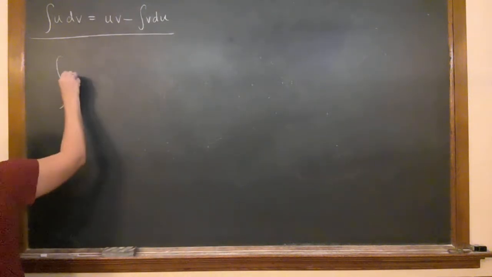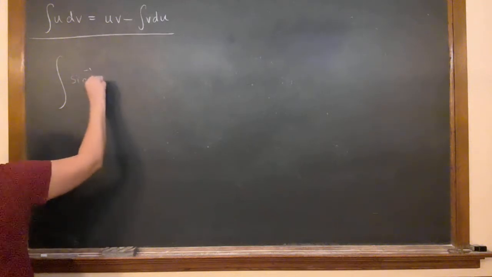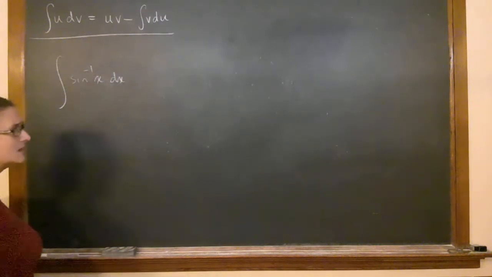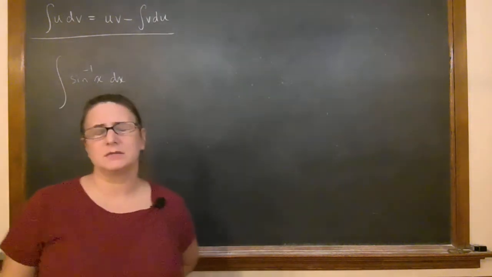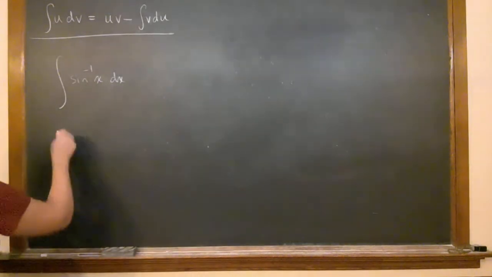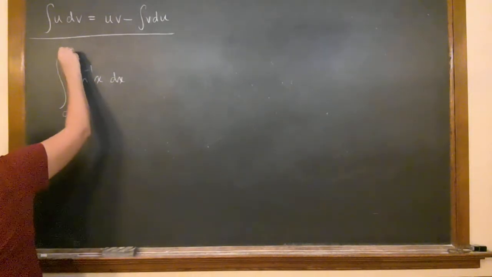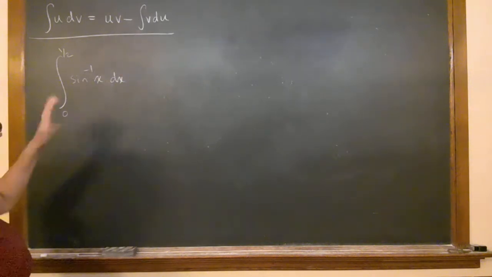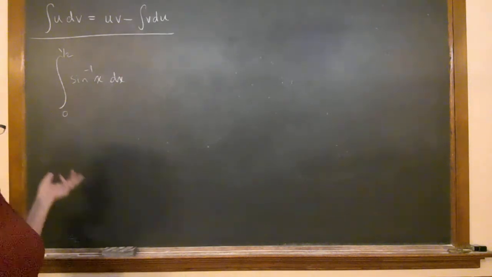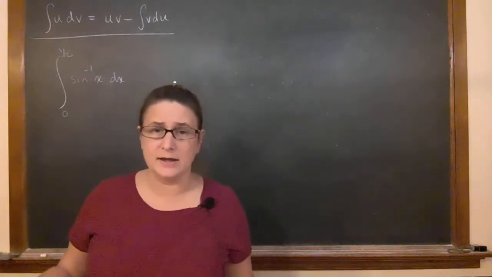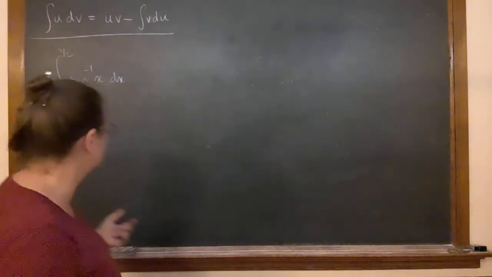So I'm going to do inverse sine of x, and also just because I should do at least one of these as a definite integral, I'm going to pick the definite integral, and I'm going to do from 0 to 1/2. Okay? So whenever you see an inverse trig function, this is really a good way to go, to try the integration by parts, because it does work.